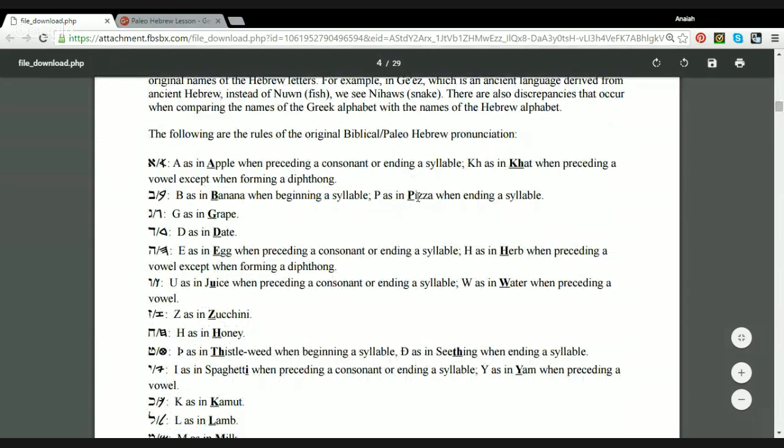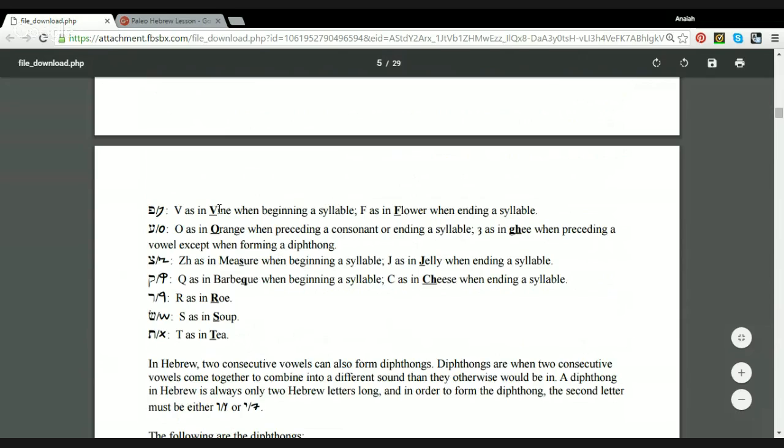So if I'm wrong and it should be P when beginning a syllable rather than B, then the same thing for all these. I would be wrong about this. It should be th when beginning and not when ending, and th would be at the end, and the same thing for V, it would be F when beginning a syllable and V, and for J and J, it would be J when beginning a syllable and then J, and same thing right here, Ch when beginning and K when ending.